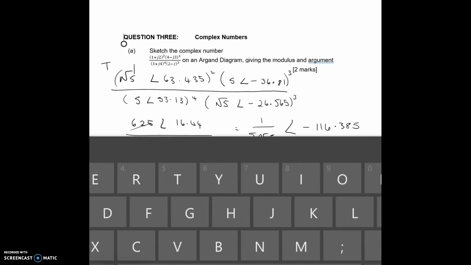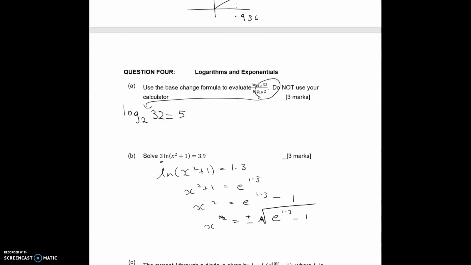The next one is fairly straightforward, using logs to solve an equation. All you've got to remember there is that you're given the information that I over IS equals 300. So putting the question, I equals IS times e to the 40v minus 1.